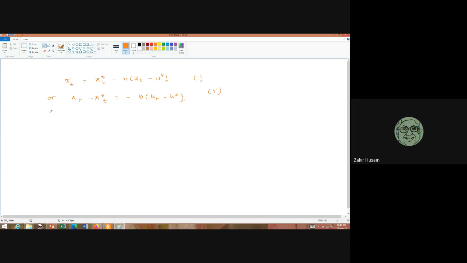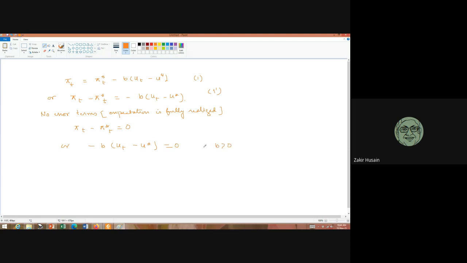Okay. So if there are no error terms, my expectation is realized completely. Pi t minus pi star t is equal to 0, or this will also be 0.